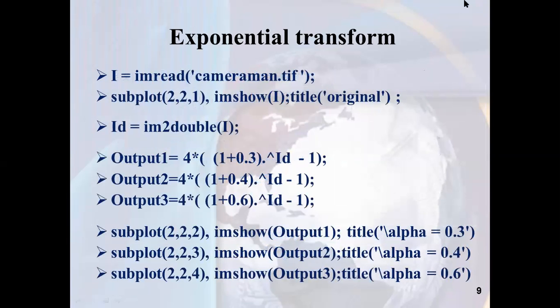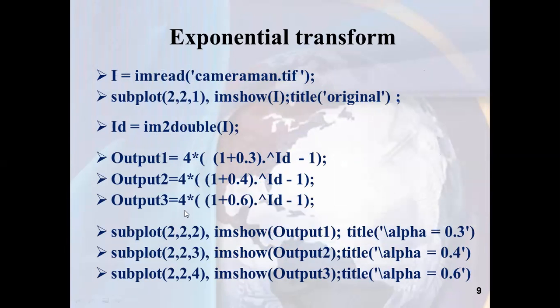So this is the idea. Here I equals imread, subplot. Here we took subplot 2 by 1 to see the images we want. Then we apply the function image to double, as we said, in order to transform the unsigned integer values into double values.